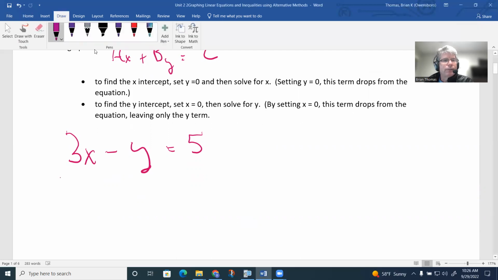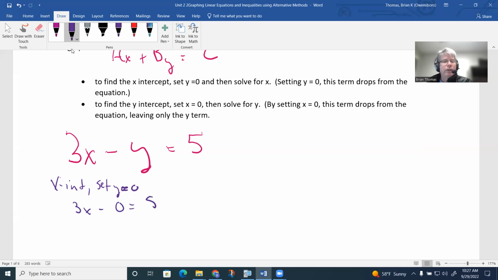we're going to set y equal to 0. So that means we're going to replace y with 0. So this becomes 3x minus y, or minus 0 now, equals 5.